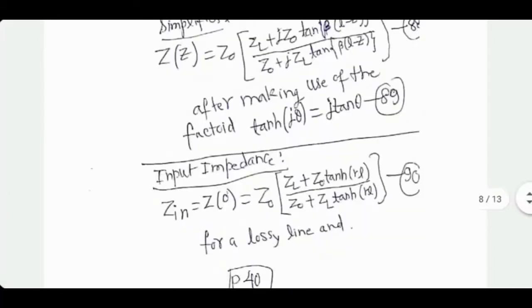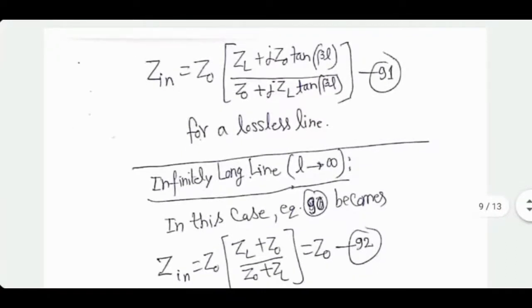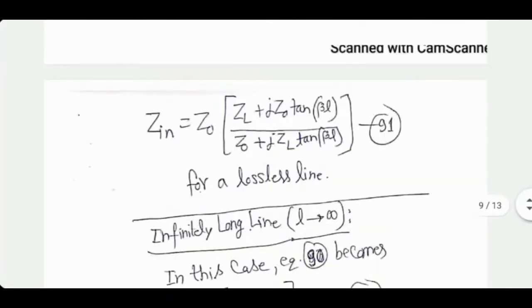And for a lossless line, it is equation 91. A lot of times we are worried about input impedance because that is where the source has to be matched. The maximum power transfer theorem has to be satisfied to the extent possible to deliver maximum power into the transmission line. So input impedance is a very useful thing to know.